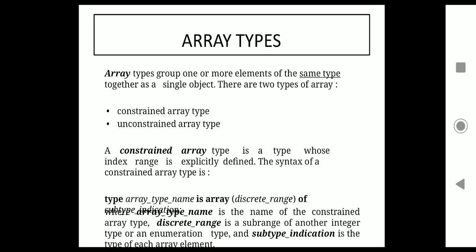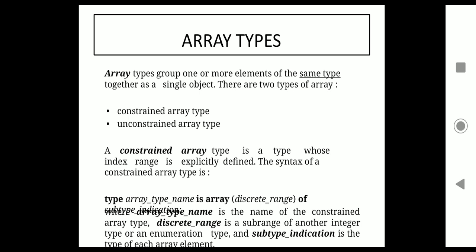Now, what do you mean by a constrained array type? A constrained array type is a type whose index range is explicitly defined, and the syntax for this constrained array type is: type, then the array type name, and its discrete range constraint. Then the following block shows a typical example of this constrained array type.